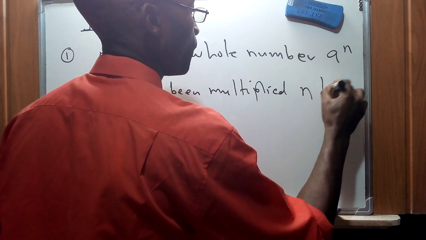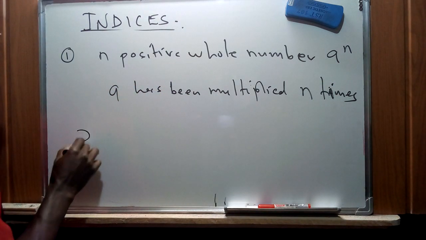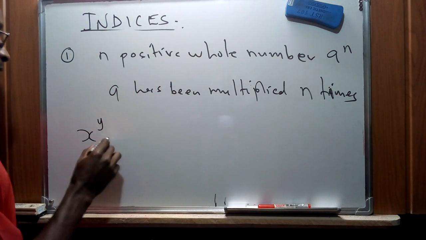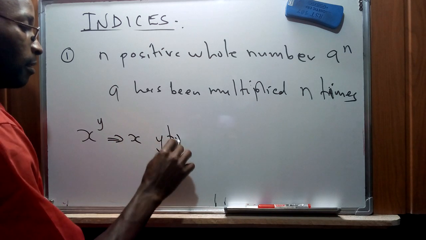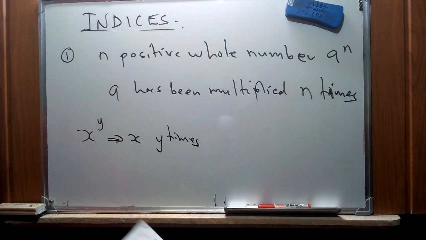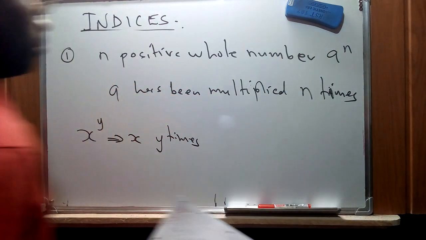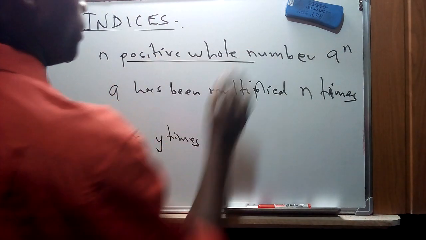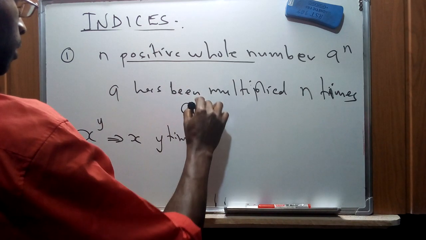This applies all across. For instance, if we have a number x raised to power n, this implies that x has been multiplied n times. So expressions are going to assume that format. Where n is a positive whole number, this rule is applicable. It is going to be a raised to power n.